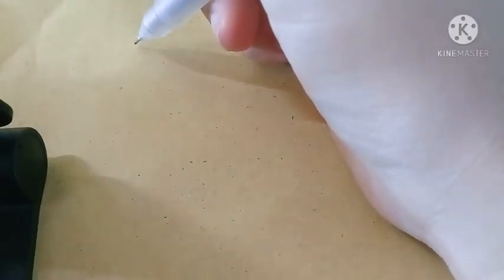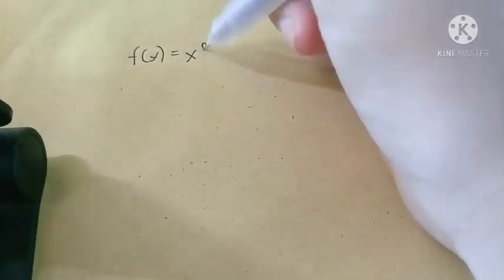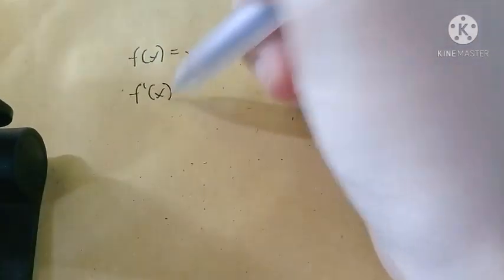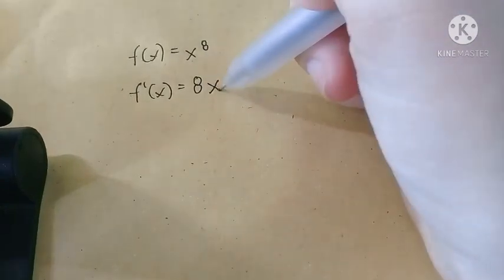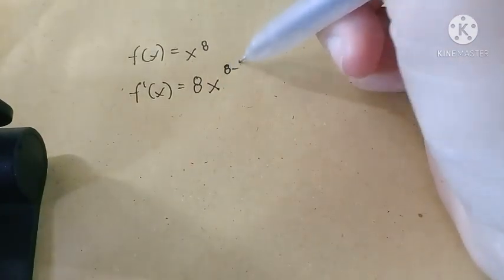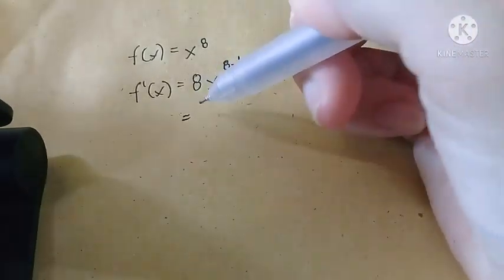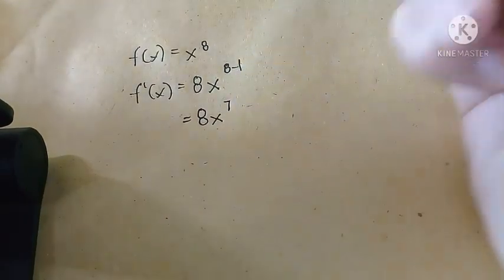Let's say, for example, f of x is equal to x raised to 8. So for the first derivative, we need to bring this 8 to the front, times x raised to 8 minus 1. So the result would be 8 minus 1 is 7, so 8x raised to 7.